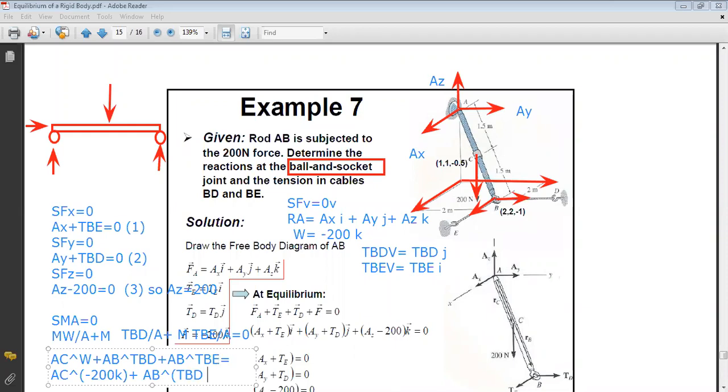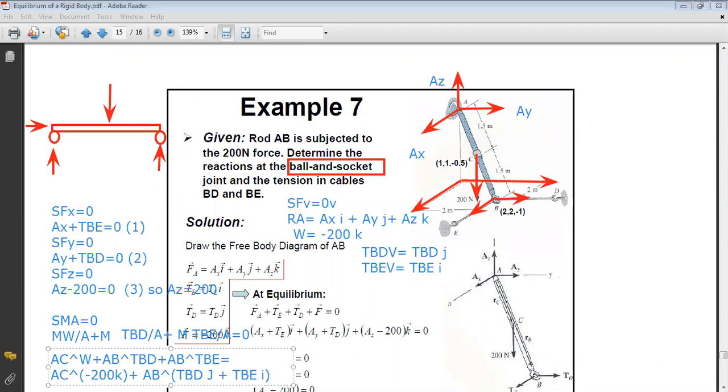It is the TBD magnitude times J, plus the TBE vector, which is the TBE magnitude times I. So this is the expression that I want to find.